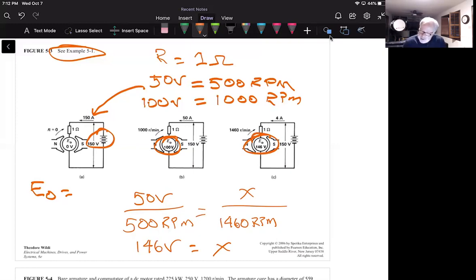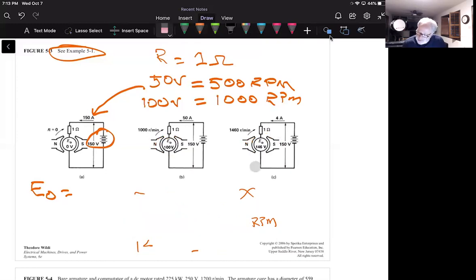And we could do that for any value we wanted to put in, and it would work out because we're basing this on an absolute proportion. So that would be part B of this problem.